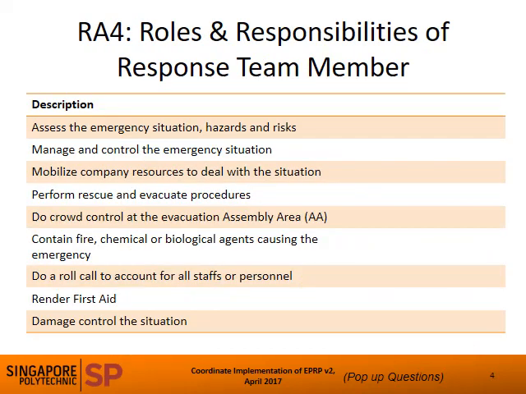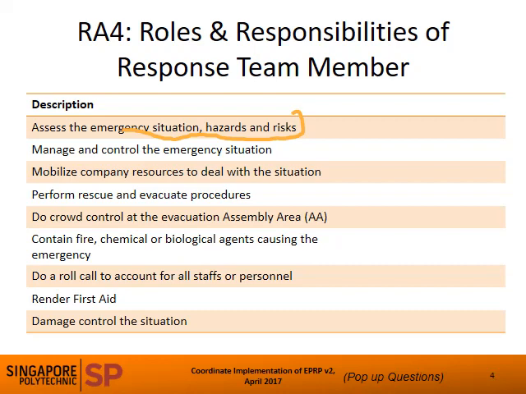Okay, so the role and responsibility of an emergency team member. They assess the emergency situation, hazard and risk, and also manage and control the emergency situation, mobilize company resources to deal with the emergency situation.